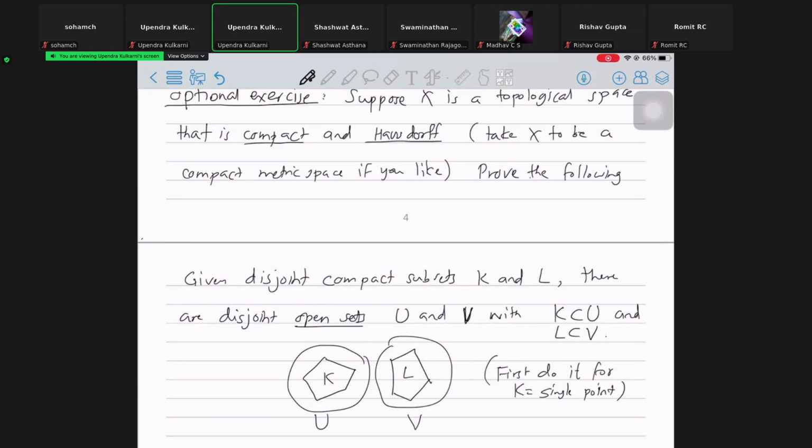If you care, you do this. If you don't do this now, anyway, you will do this in your topology class. It's a completely standard thing. But the reason to say it is that the type of reasoning that we did over there is a very canonical kind of reasoning. That type of thing comes again and again. And when we prove number 2, we will again see something similar when we prove the tube lemma.